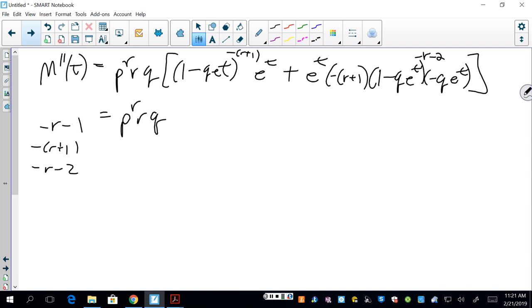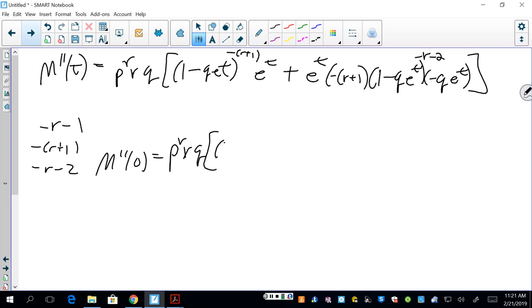Doing this thing, what we want to do now is put 0 in for t. So it's p to the r times q. And so there's 1 minus q to the negative r plus 1, and then the e to the t goes away as 1, plus that negative, as you mentioned, is important because it gets rid of that one.